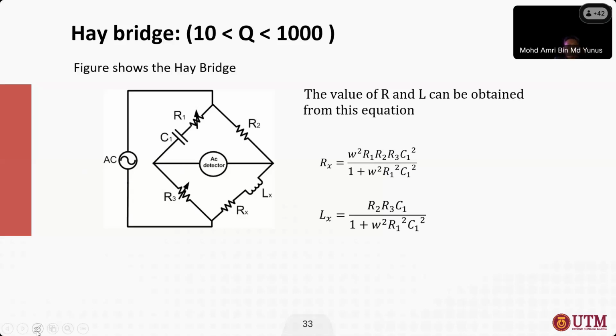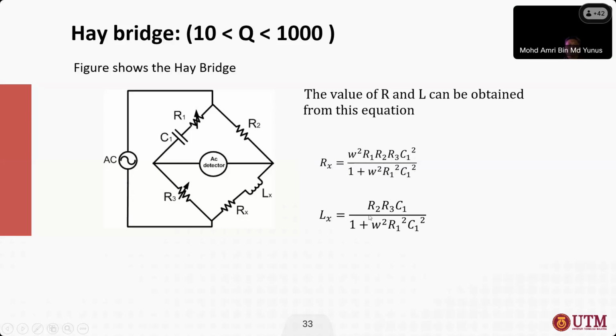So for this bridge, the final equation to find the Rx value is a bit lengthy: Rx equals omega square R1 R2 R3 C1 square over 1 plus omega square R1 square C1 square.